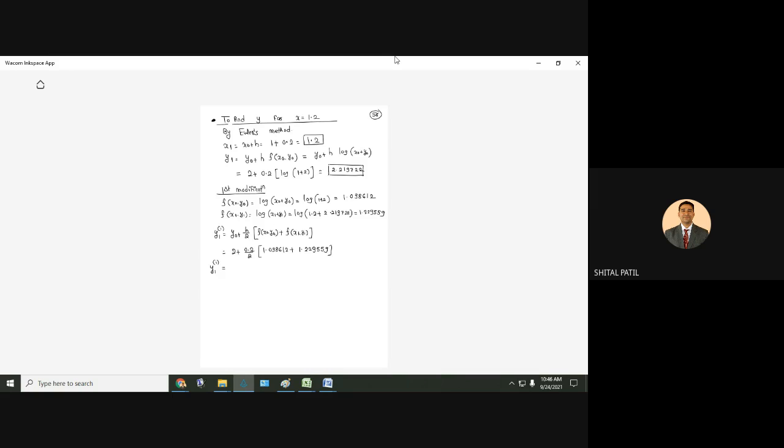It should be correct up to 3 decimal places. 2.2328171.